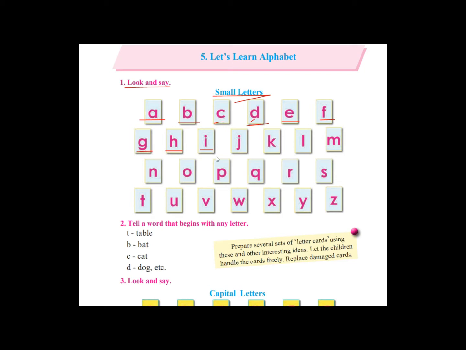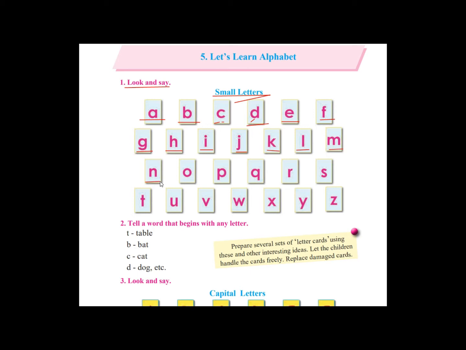I. I for ice cream. This is J. J for joker. What is next? This is K. K for kite. This is L. L for lion. M. M for monkey.